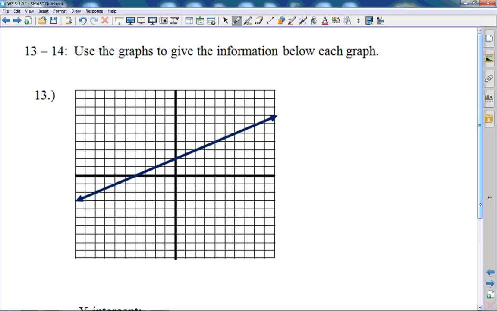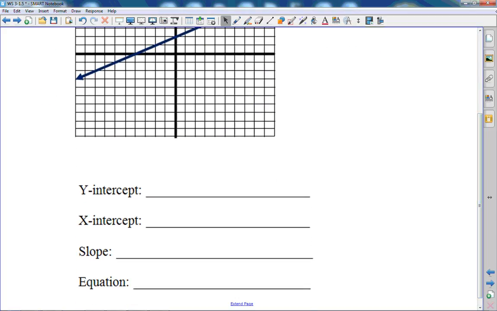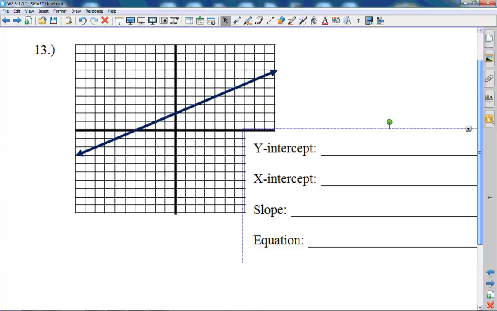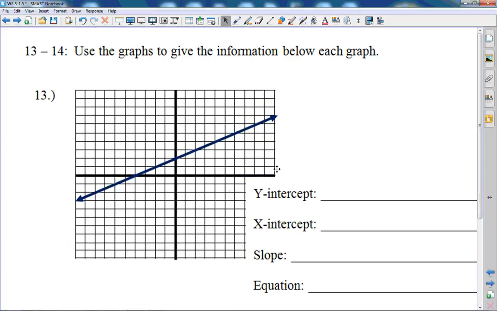There's my next one. Let me move this up over here. There we go. All right, let's find, first it says the y-intercept. The y-intercept is right here, (0, 2). My x-intercept crosses right here: 1, 2, 3, 4. That is (4, 0). Now, the slope.